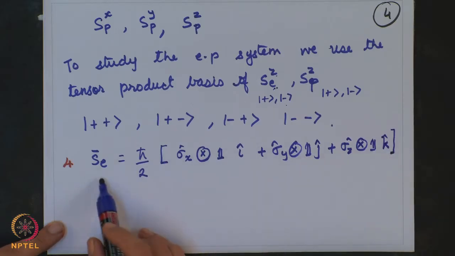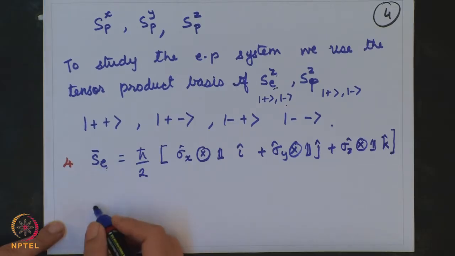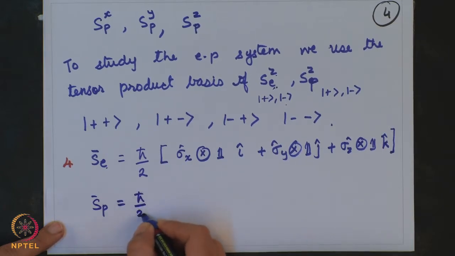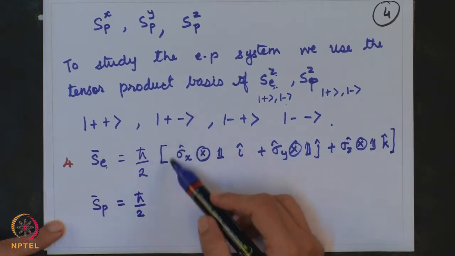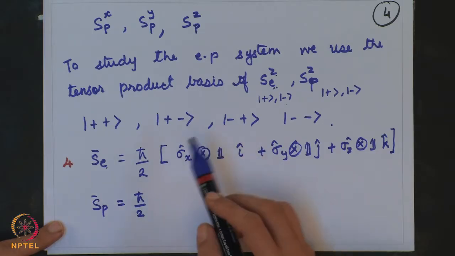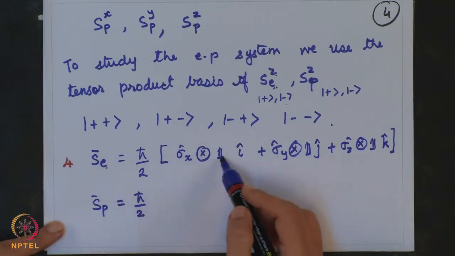So this was for the spin of the electron. Here you can see that sigma x corresponds to the electron spin state and the second component is unaffected.